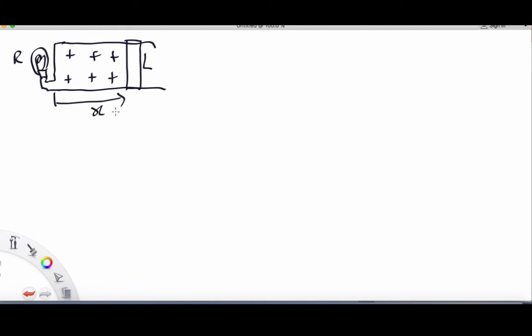Now we have two parallel metal rails here, and we have a metal bar of length L that can slide along them. That makes a circuit that can power a light globe that has resistance R. In here we've got a magnetic field, and we will say that the bar is the distance x away from the end of it.